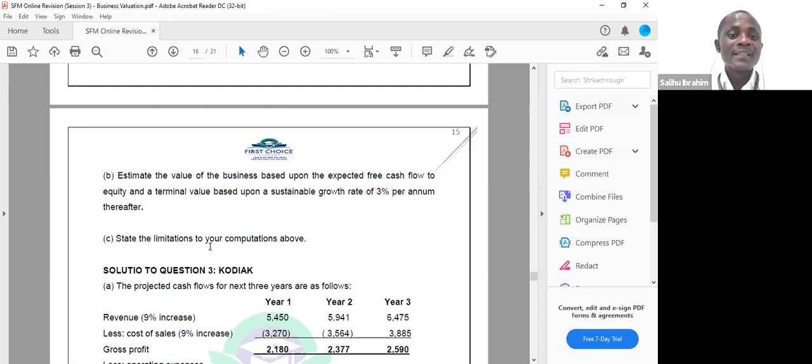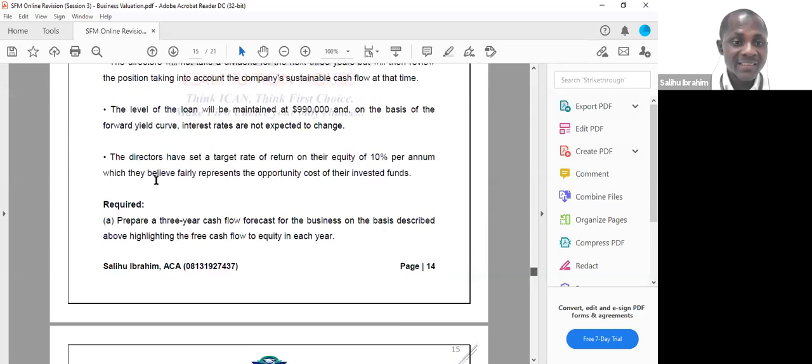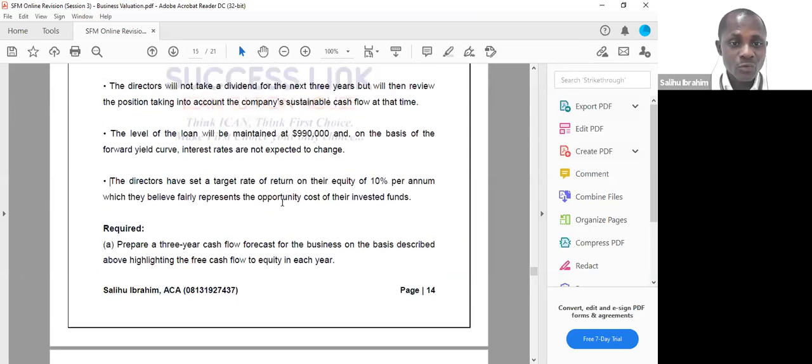So state the limitations of your computations above. Now, what limitations can I pick from here? Number one: my target rate of return on equity, 10%.